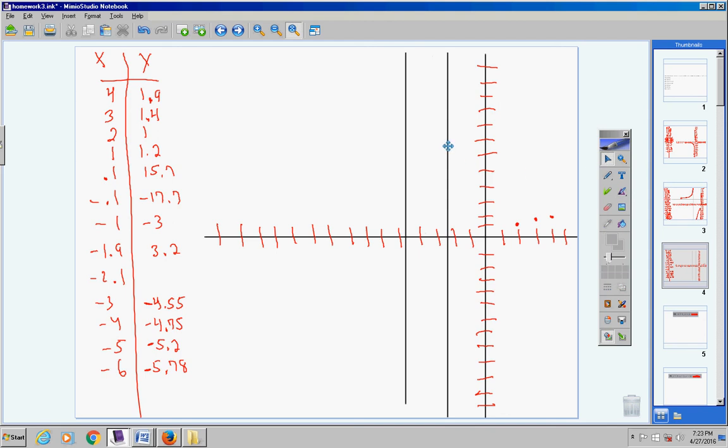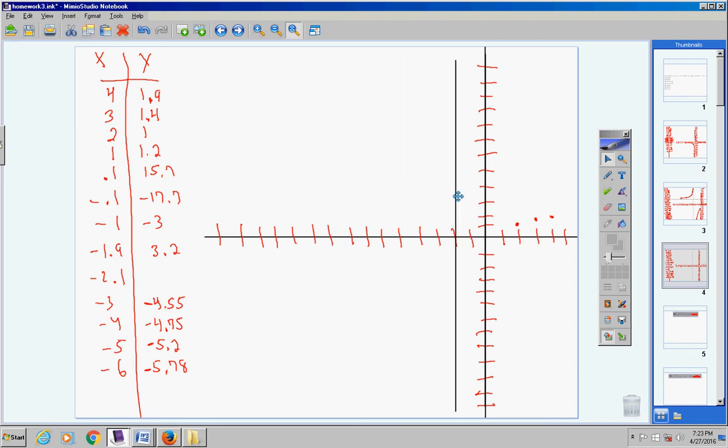Asymptote right here, falling on top of the y-axis. And here's the other asymptote falling right on negative 2. Alright, there we go. Now back to our graph here. So 1 is 1.2. So it actually starts to go back up again, dips a little bit, 1.2. And then 0.1 goes up to 15. So it goes up to 15 here.